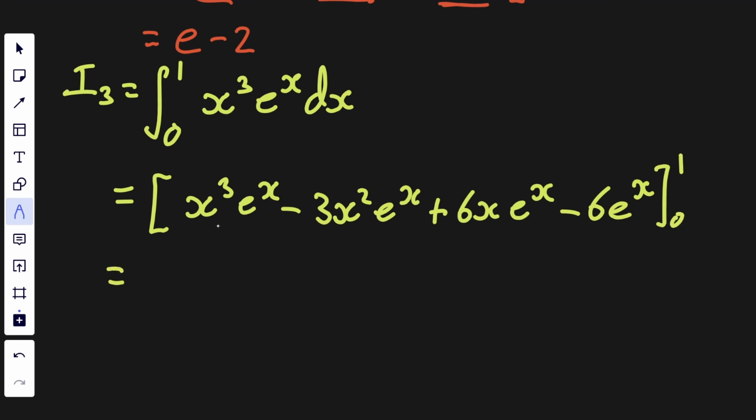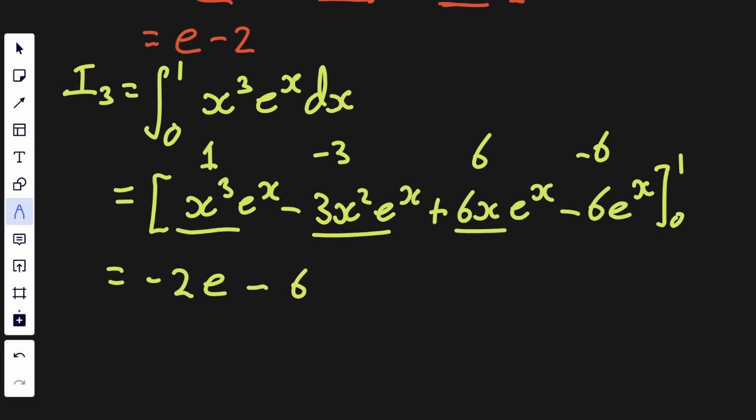Plugging in the 1s, we have 1 minus 3 plus 6 minus 6, so we get minus 2 e's. Putting the zeros in, those are all going to die, and we're just left with minus 6 e to the 0, so just minus 6, but it's going to be plus.